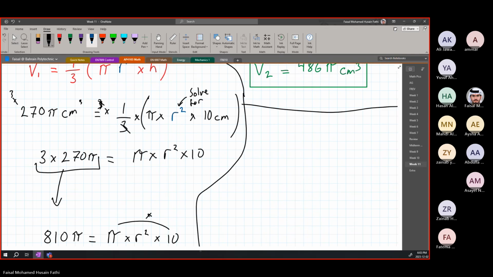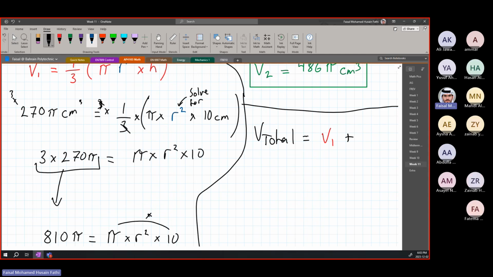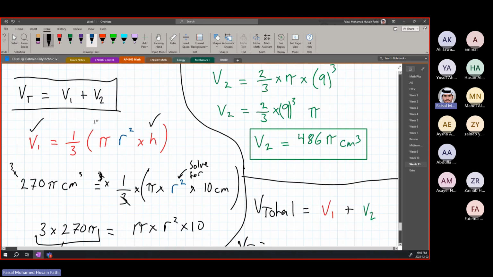Okay, V total is simply equal to V1 plus V2. Okay, simple. And now we just plug in the numbers. V total is equal to, what's V1?